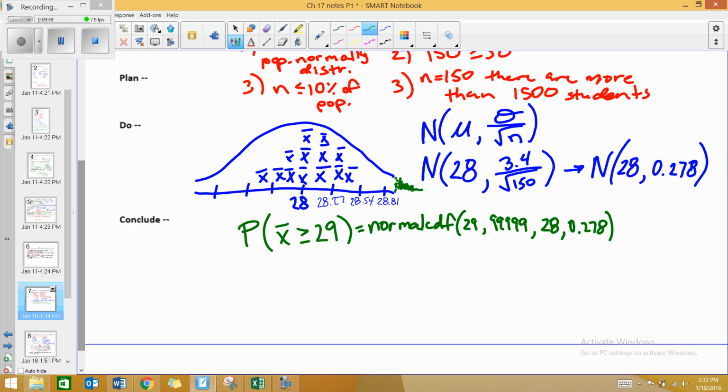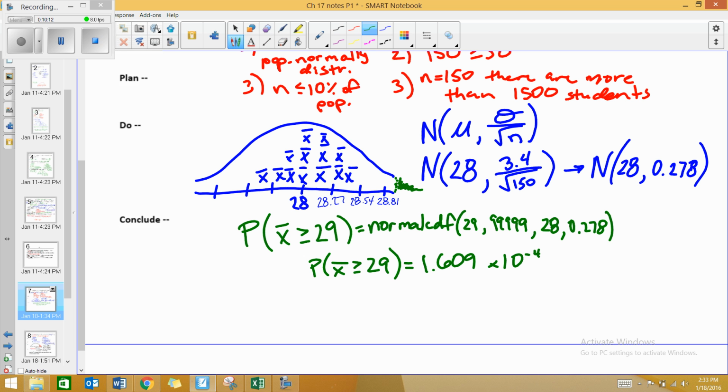All right. So we find that the probability that I find 150 students who have a sample average of greater than 29 is 1.609 times 10 to the negative fourth power.